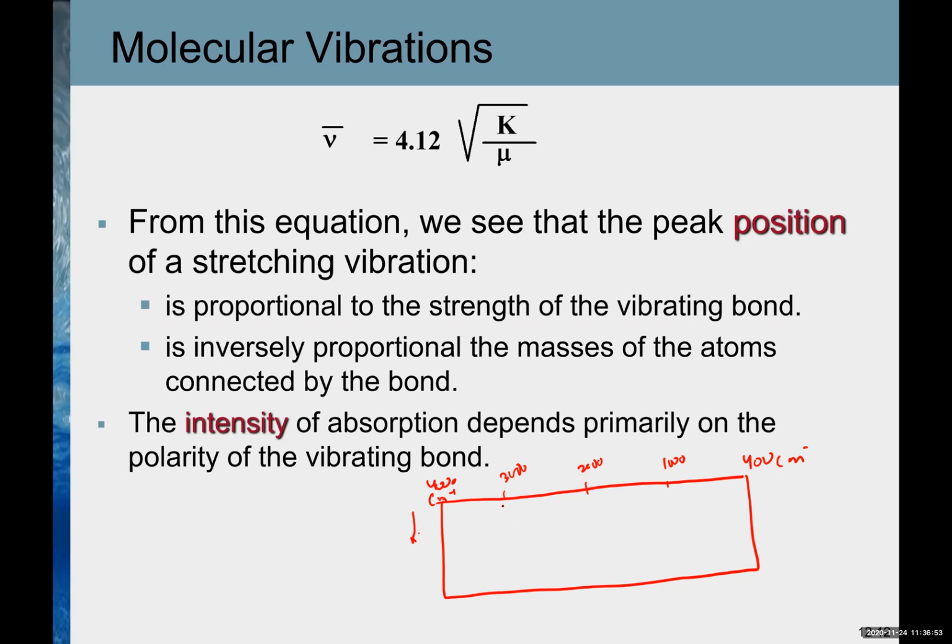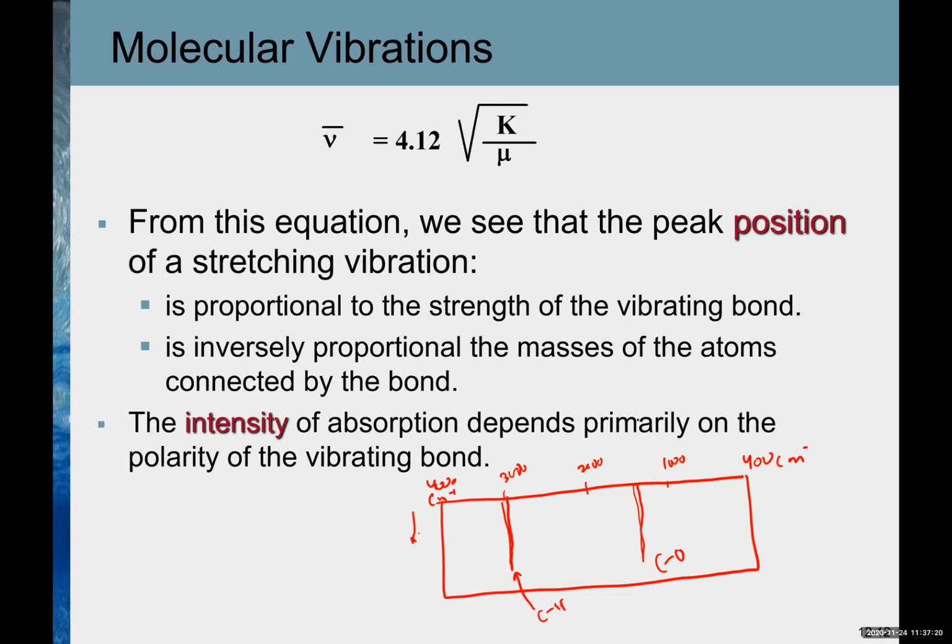According to Hooke's law, the CH bond was where? At 3,000, right? And if you calculate with Hooke's law, you will find the CO bond comes somewhere around 1,500. So this is again calculated from Hooke's law, approximately 1500.